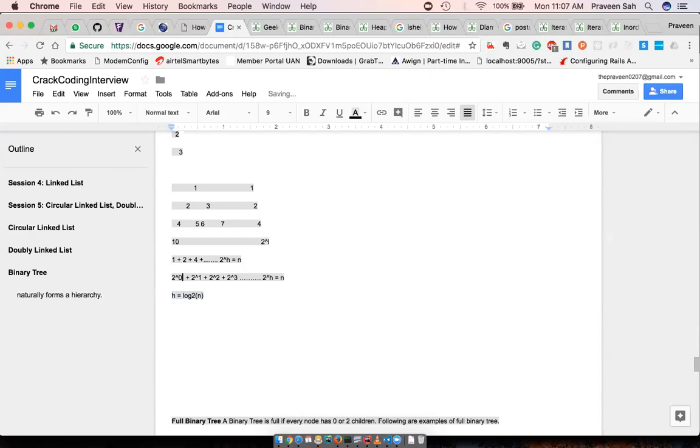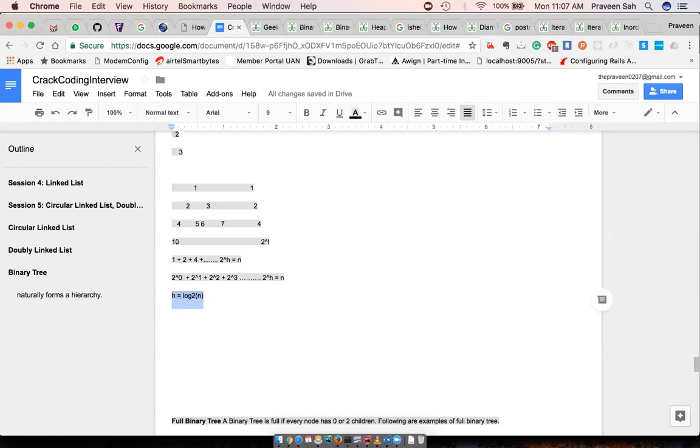So 0th level, first level, second level, third level, and so on till h. This summation will be equal to n. Given this, h is equal to log of n to the base 2. Minimum possible height is log of n. It cannot be less than that.